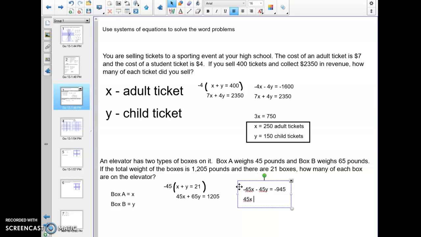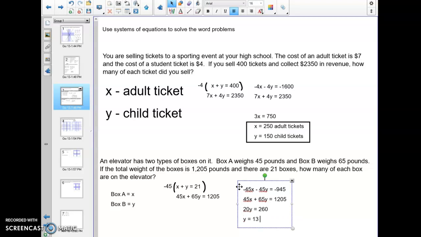Below that is simply 45x plus 65y equals 1205. The x's cancel. Negative 45 and positive 65 is a 20y. And 1205 minus 945 leaves me with 260. When I divide that by 20, we have y equals 13.